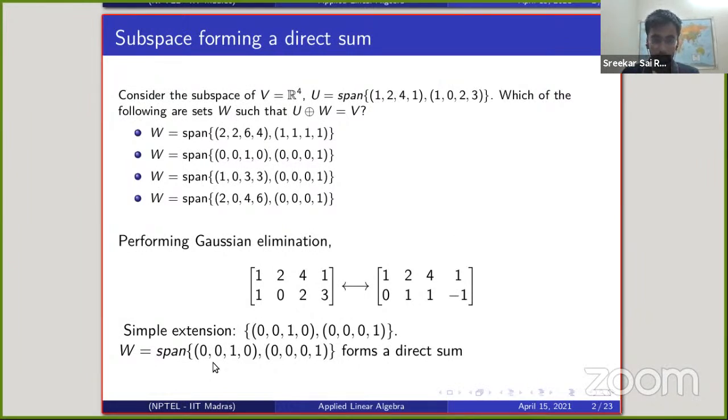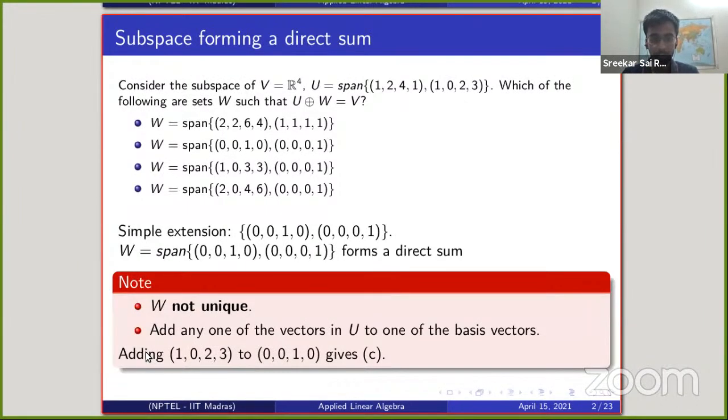So we found one way in which you can find W, but this isn't the only way. The subspace W itself is not unique for it to form a direct sum with U. There are multiple subspaces that can satisfy the same condition. One way you could do this is to take one of the vectors in the basis of U and add it to any of the vectors in the basis that we found, and that would give another subspace.